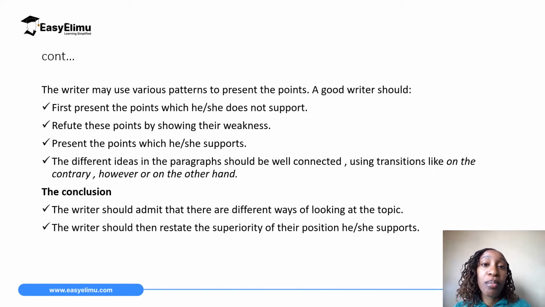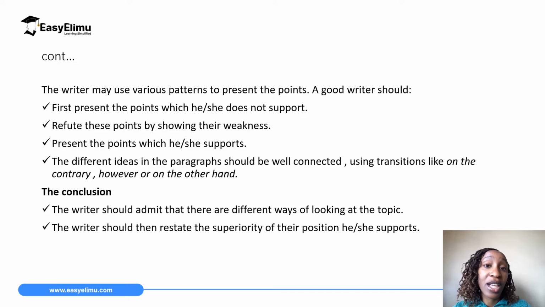Because of that, depending on whatever pattern you use, it is important to use some transitional words like on the contrary, in other words, on the other hand, however, just so that there's a flow of paragraphs.